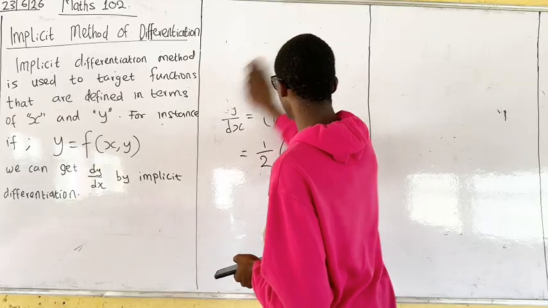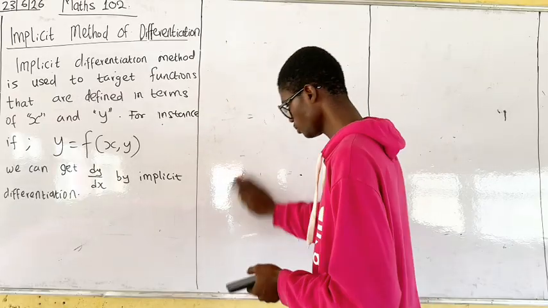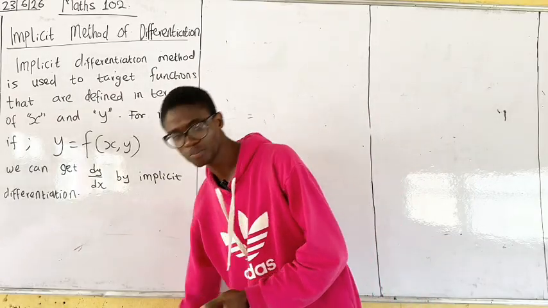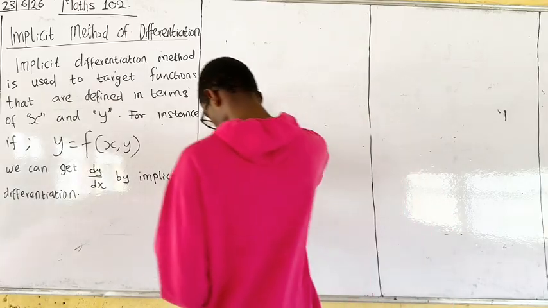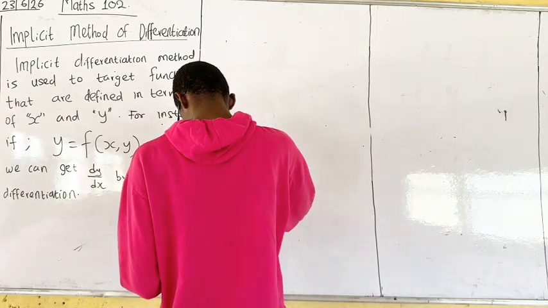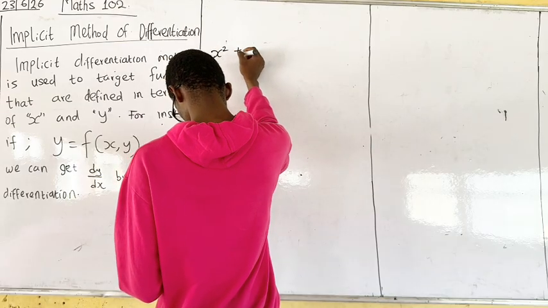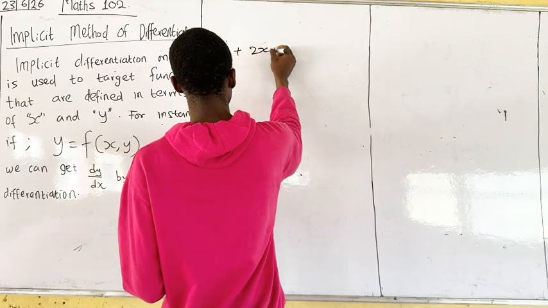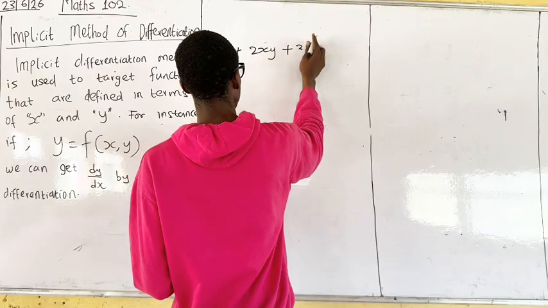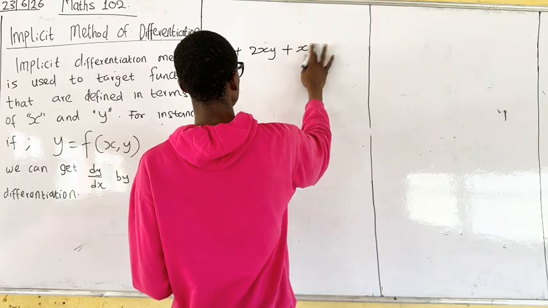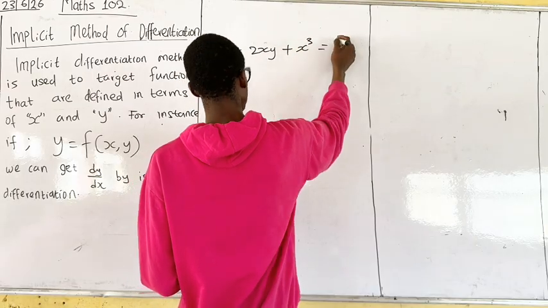Now let's see another example of this kind of problem. If we have x squared plus 2xy plus x cubed equals 10.